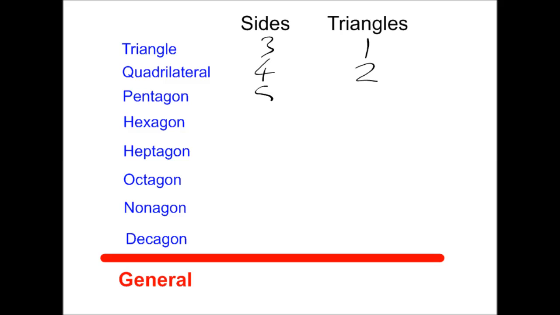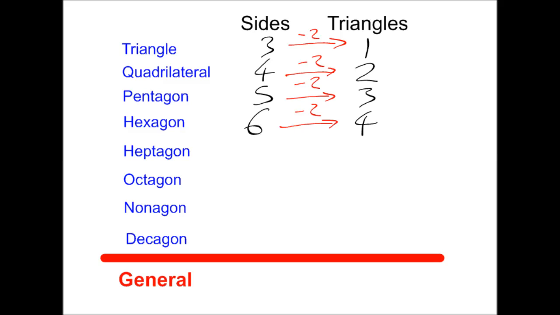A pentagon had 5 sides, there's 3 triangles. Hexagon, 6, and 4 triangles. So we're starting to get a pattern forming here. If you go from right to left, we're always subtracting 2. So there are always 2 fewer triangles than there are sides in the original shape.